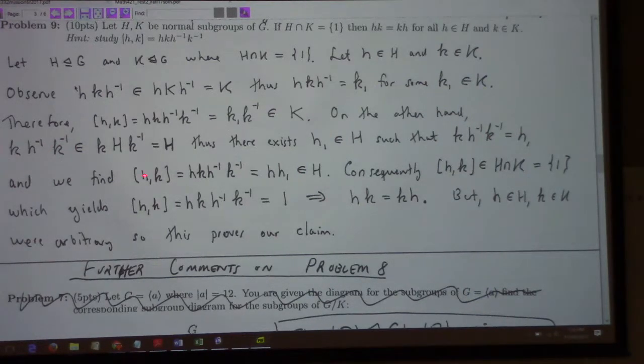So I can also find that the commutator is HH1, which is in H. So the commutator is both in H and in K, which intersect at 1, which thus proves that the commutator is exactly 1, which is to say that HK H inverse K inverse is 1, which is tantamount to saying HK is equal to KH, but they're arbitrary, so that proves it. So sometimes my hints are not helpful. I feel like this hint was helpful if you followed it.